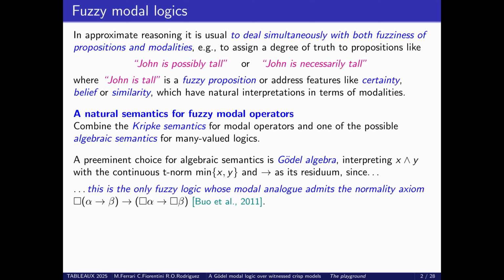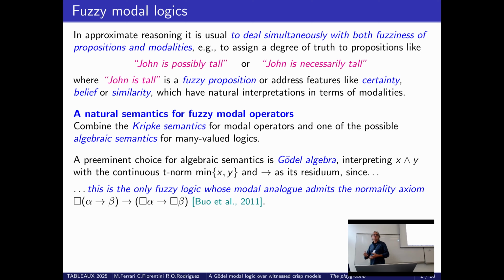Here, the first problem we have to address is what kind of algebraic semantics to choose for the multi-valued fragment, because there are different ways in which you can interpret propositional connectives in multi-valued settings.